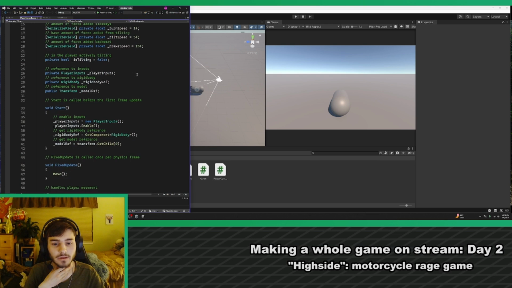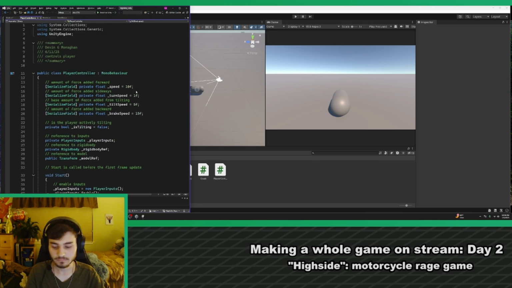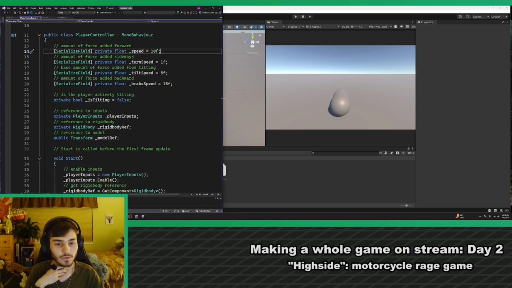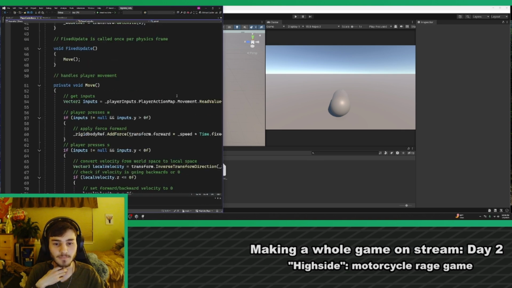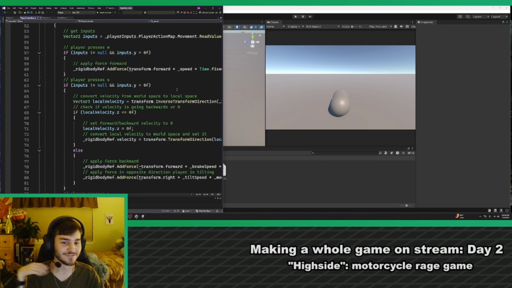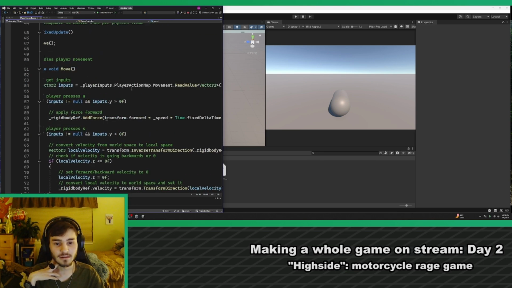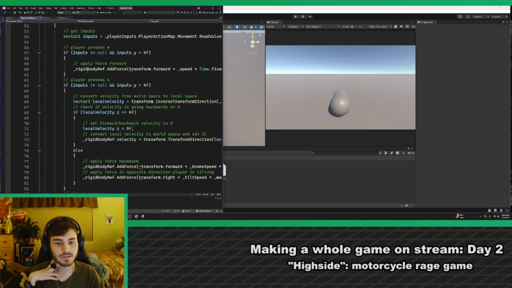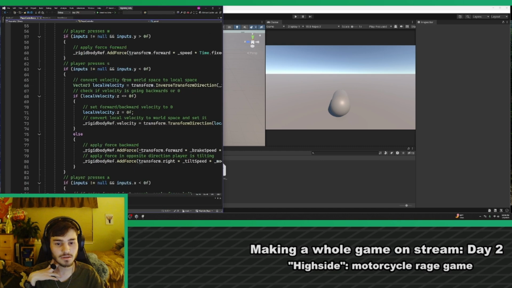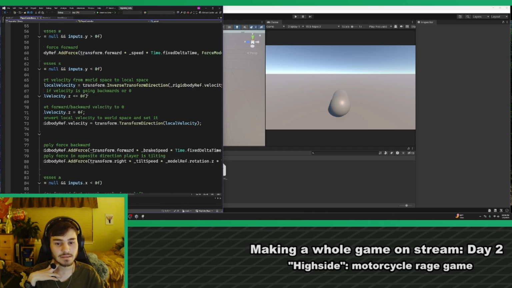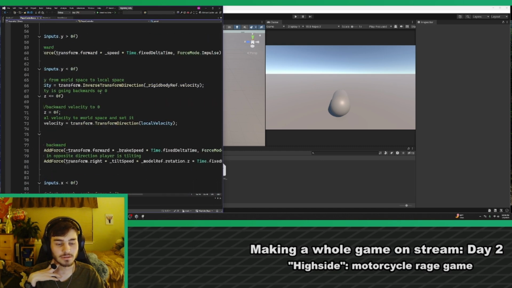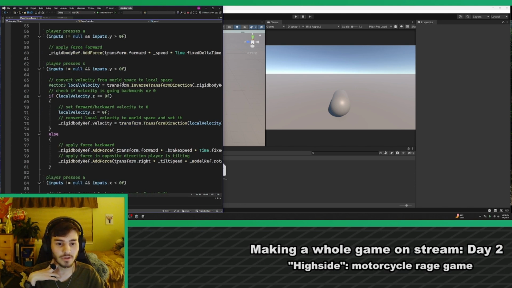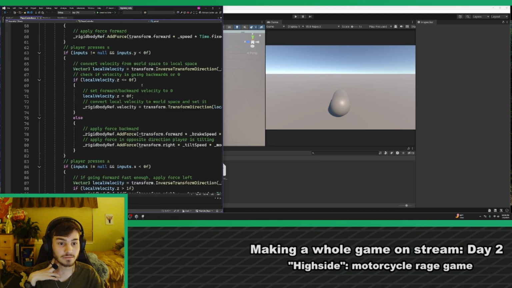So, over in my player controller, I keep pressing Alt instead of Control to zoom in. I'm thinking about my viewport controls, that kind of thing. So we are getting our inputs. Player presses W. We're adding force forward. And player presses S. We are, right, we're getting our velocity from world space to local space.